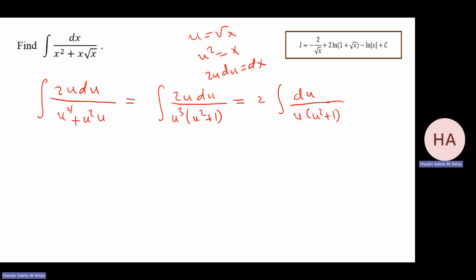So I need partial fraction completely here. Just to be sure I'm not making any mistakes. Yeah, that will make it a little bit complicated. Let me take this expression and try to simplify it.